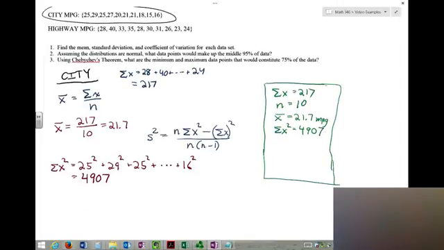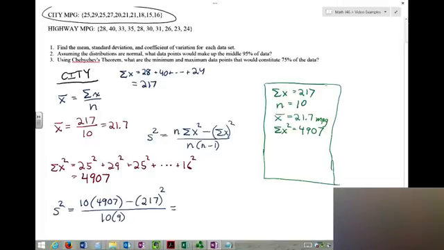And so we have all the information we need. We have n, we have sigma x squared, we have sigma x itself, and of course n times n minus 1. So let's find the variance and standard deviation. s squared is going to equal 10 times the sum of squares, minus, and this is sigma x, the whole thing, squared. That's the difference. Over n times n minus 1.